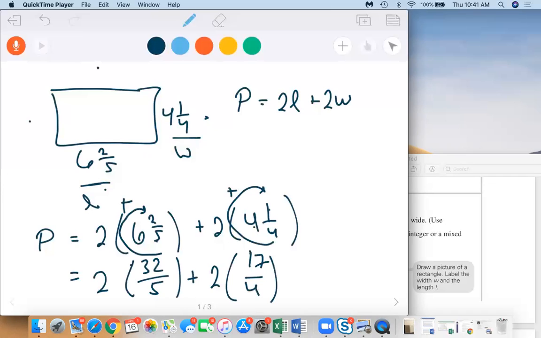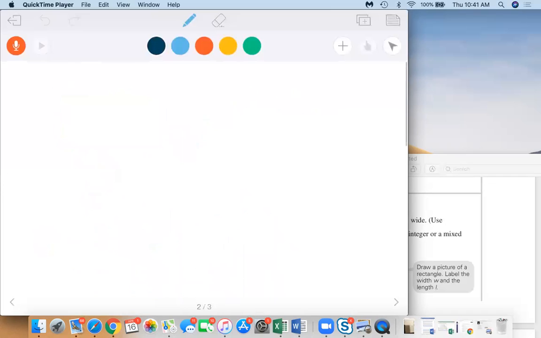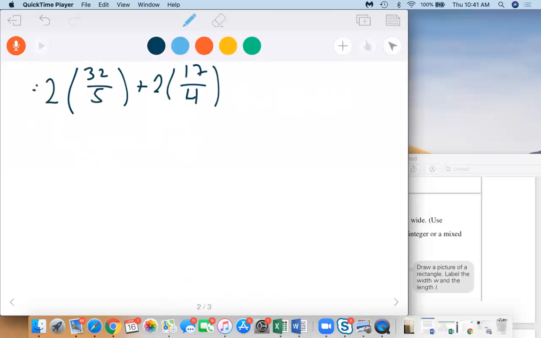So let's write that on the next page. I might have to go back and forth, so please forgive me. We have 32 over 5 plus 2 times 17 over 4. When we multiply these, remember, 2 is the same thing as 2 over 1.